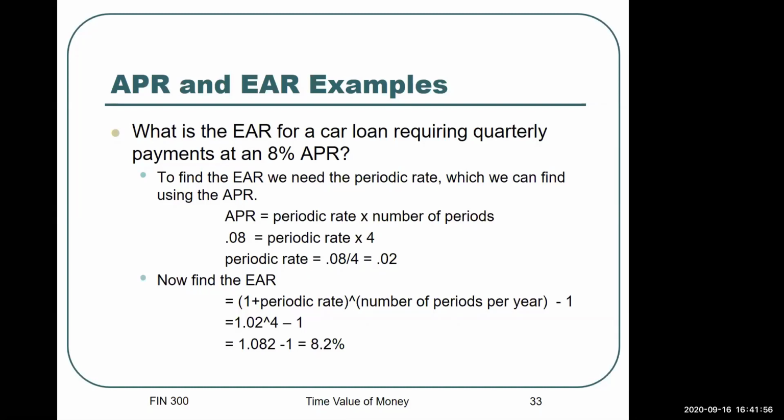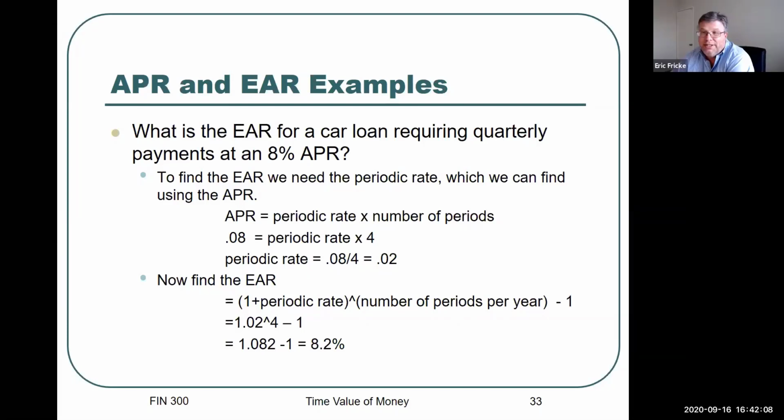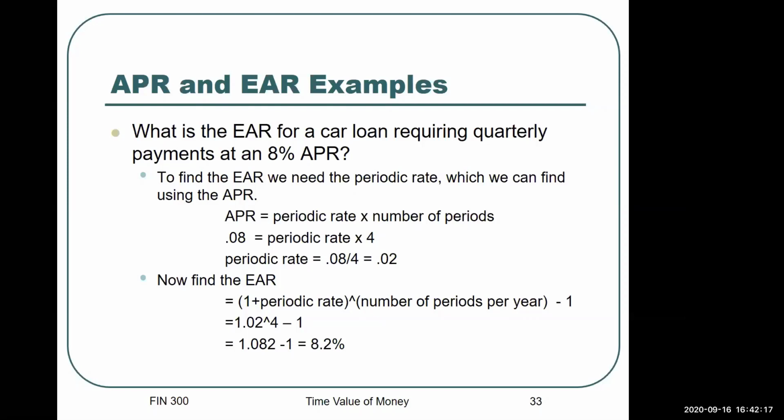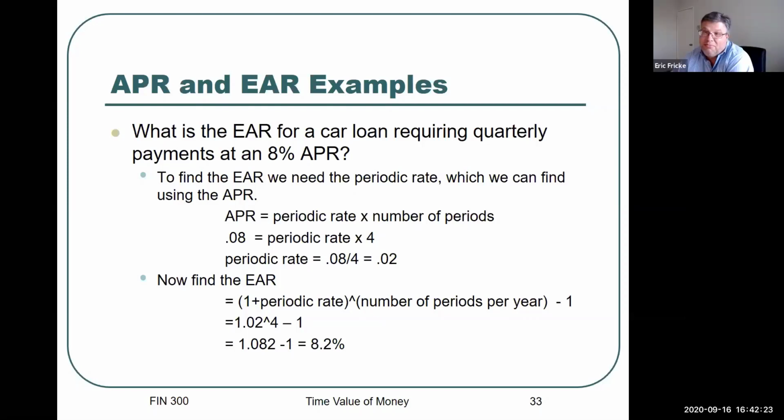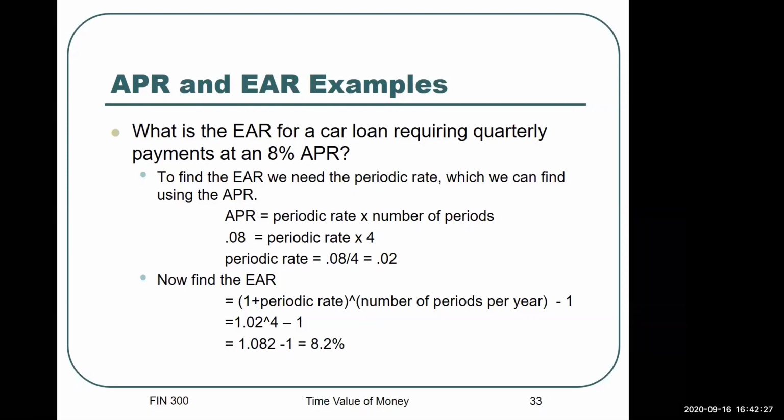What would it be if it was daily? 365. Based on the number, it's always the number of periods per year. So if it's daily, 365 days per year. If it was monthly, it'd be 12. Okay, that makes sense.